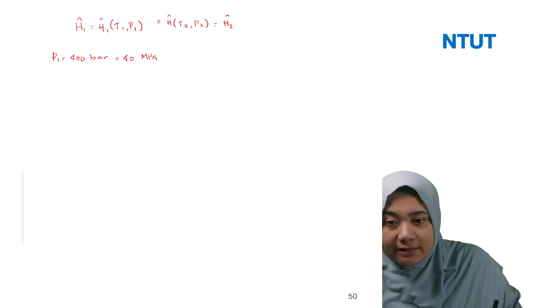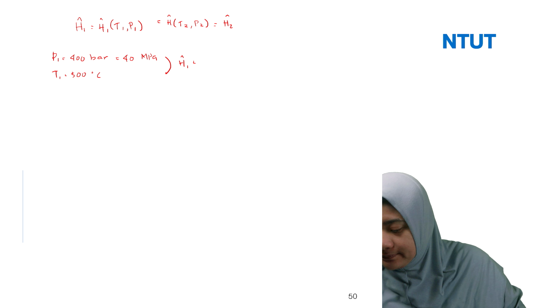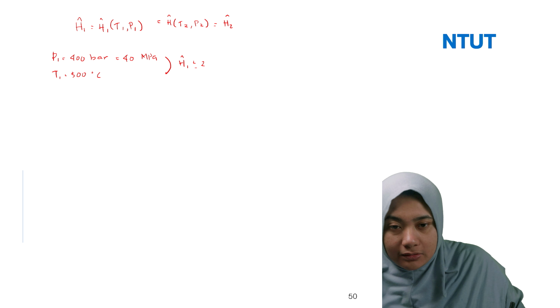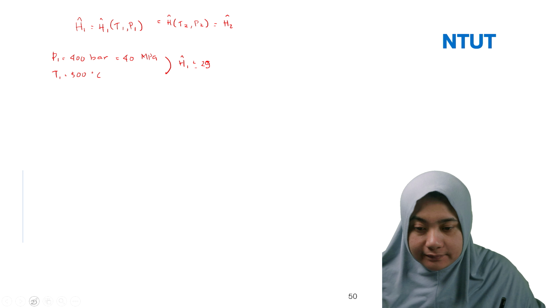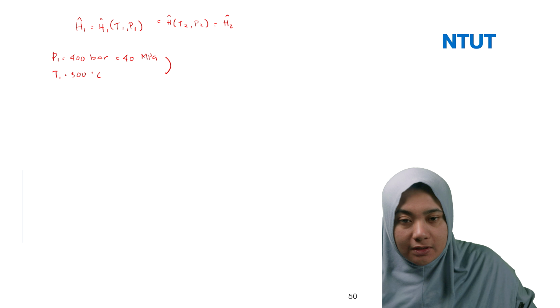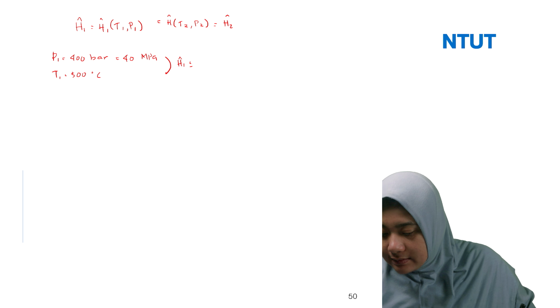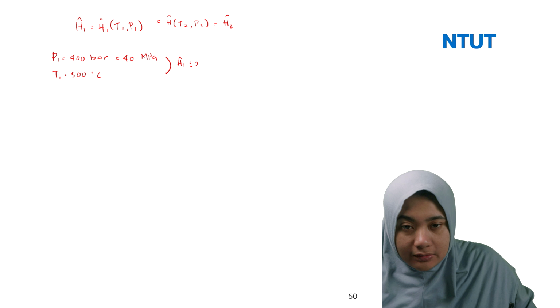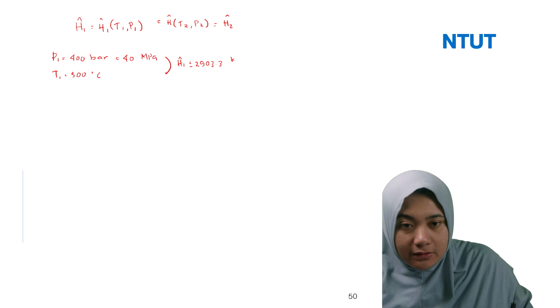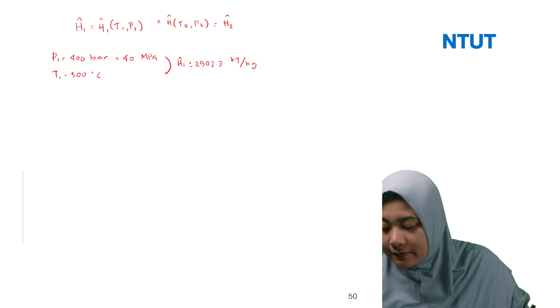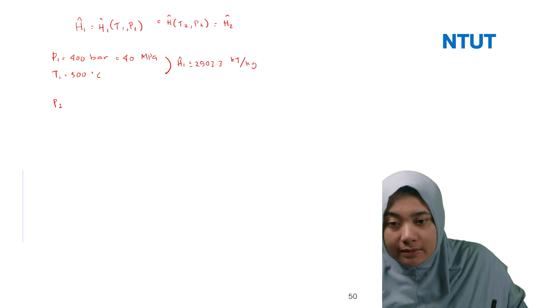And for T1, it is equal to 400 degrees C. So you have H1 equal to 2903.3 kilojoule per kilogram. Okay, this is for H1. And then for P2, because we want to release, it should be 1 bar.